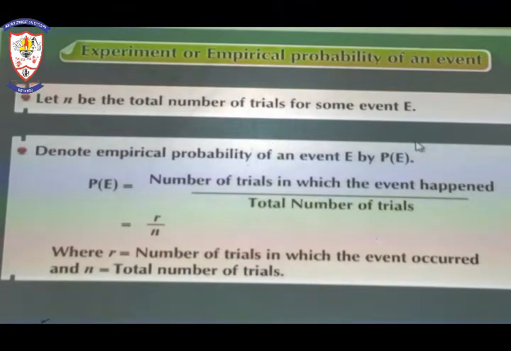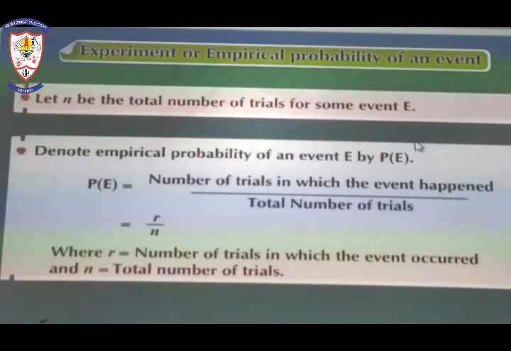Let's come to the explanation of the formula. Let n be the total number of trials for some event E. Here E is any event. Denote the empirical probability of an event E by P(E). It means that the probability of any event E is equal to the number of trials in which the event happened divided by the total number of trials.